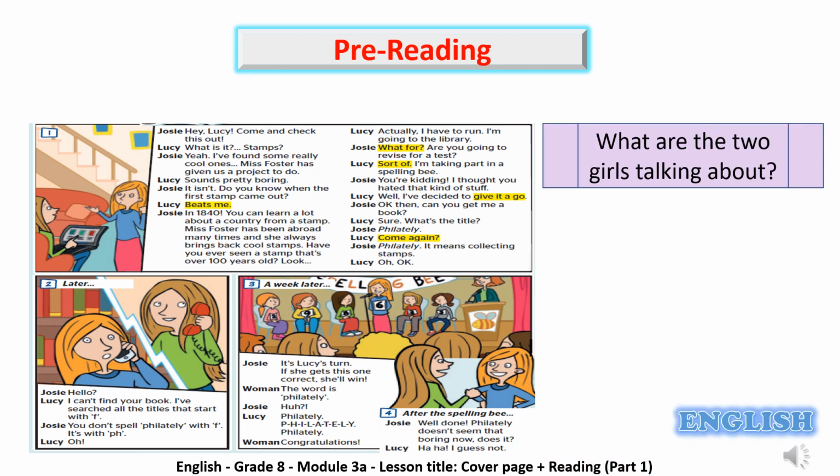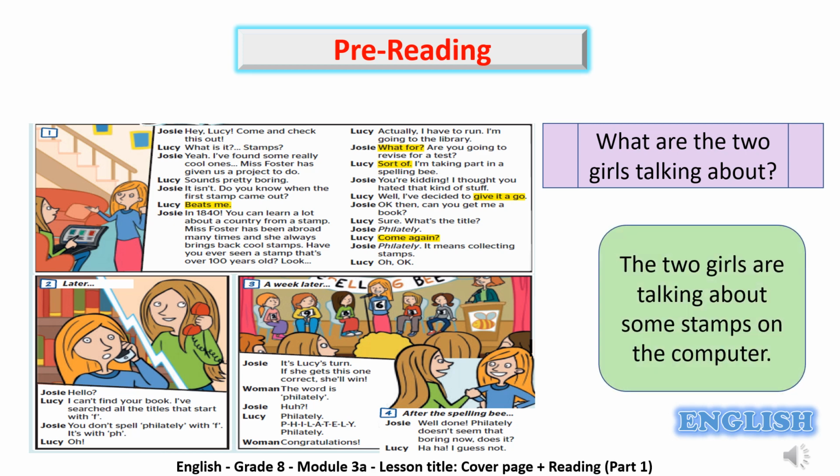Well, grade 8, can you guess now what are the two girls talking about? Well done! The two girls are talking about some stamps on the computer. You can refer back to the text, the first two sentences, to justify your answer.